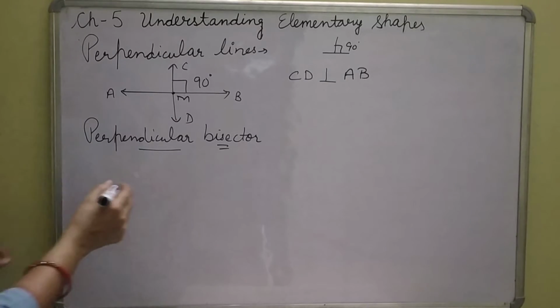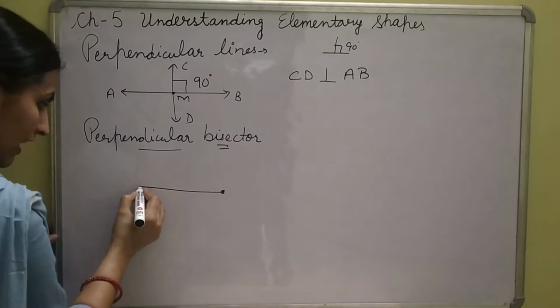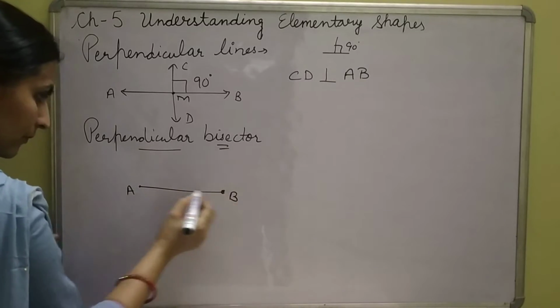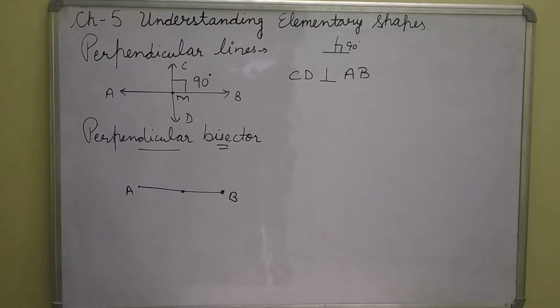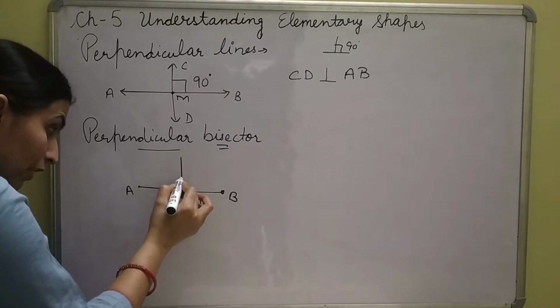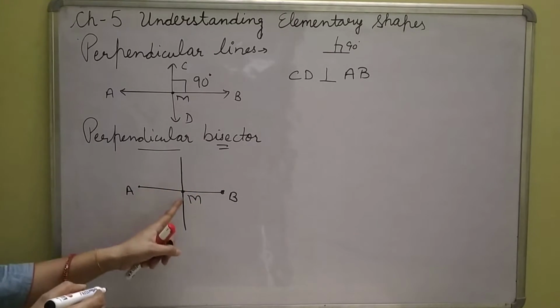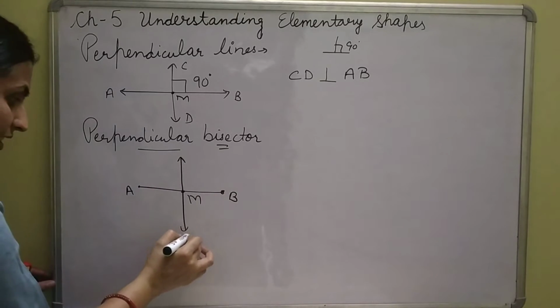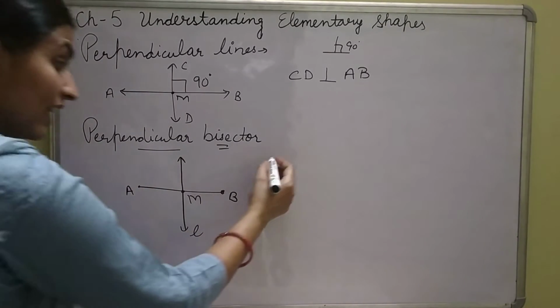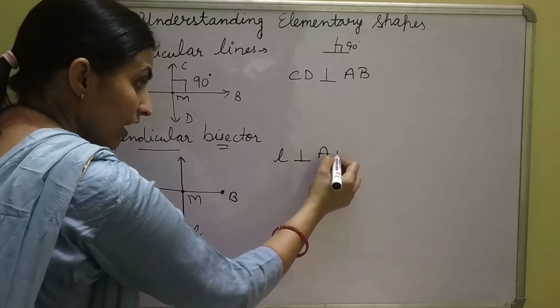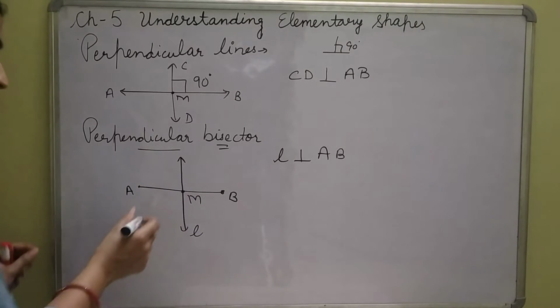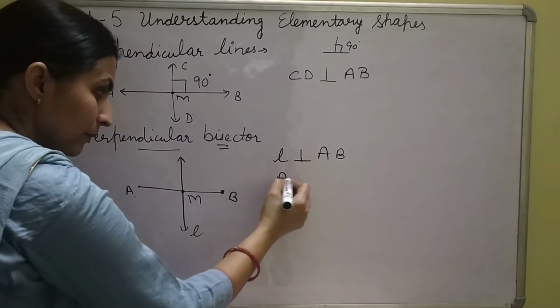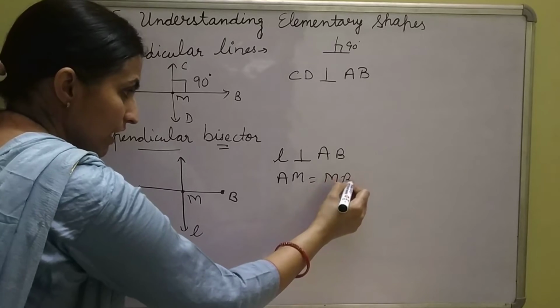Let's take an example. If we have a line segment AB and we have its point M on it, M is the midpoint, and we draw a perpendicular passing from M. Let's say it's line L. Then here L is perpendicular on line segment AB, and as it is passing through the midpoint, AM is equal to MB.